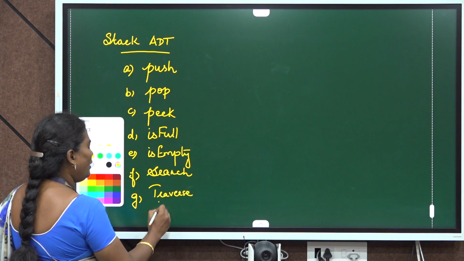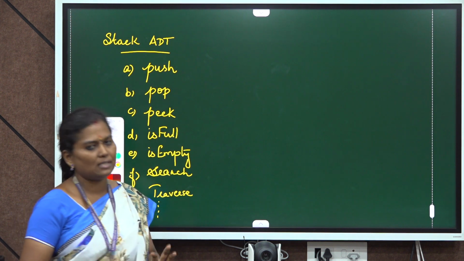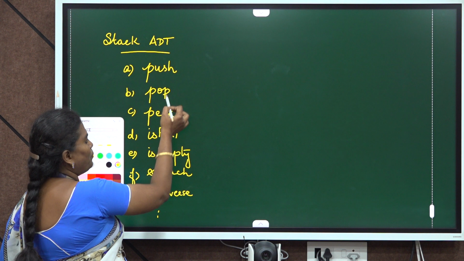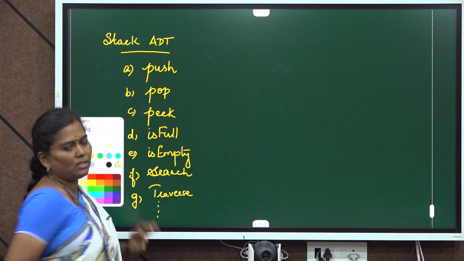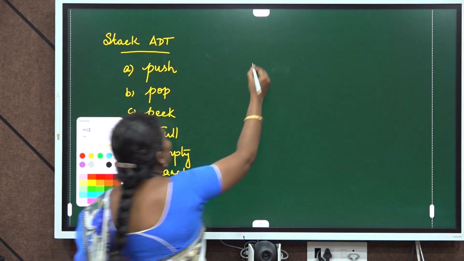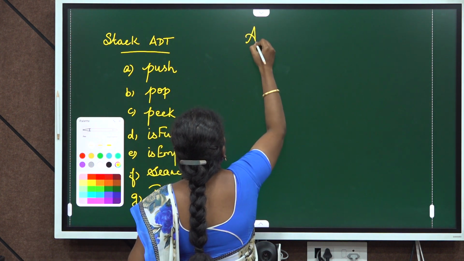So we can do n number of operations with the stack ADT. Out of these, we will discuss push, pop, peek, isFull, isEmpty with respect to array as well as with the linked list implementation. So let us go with an array implementation.